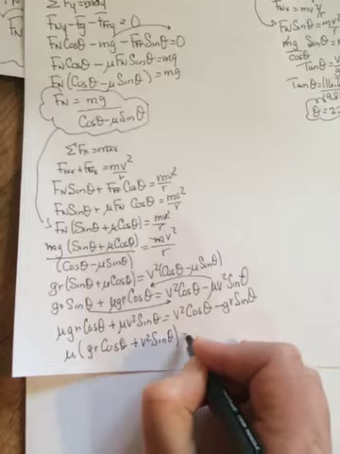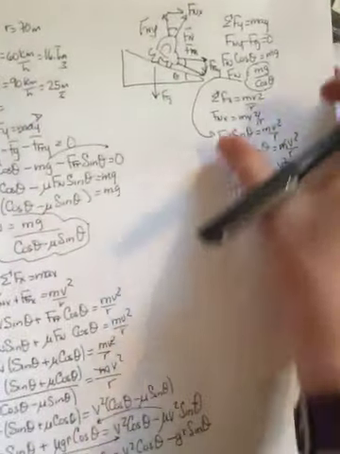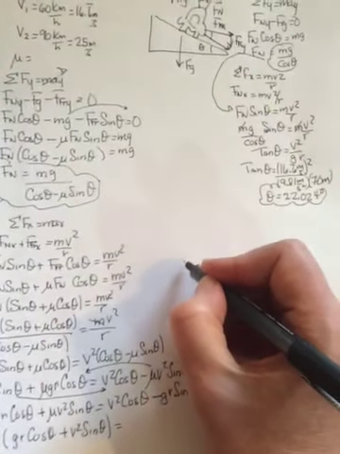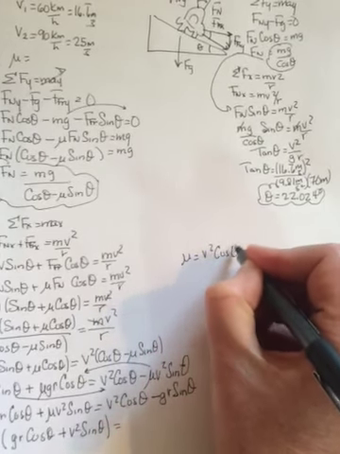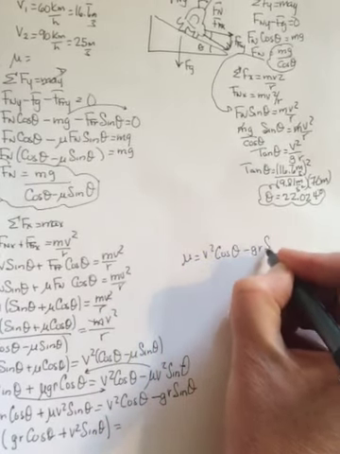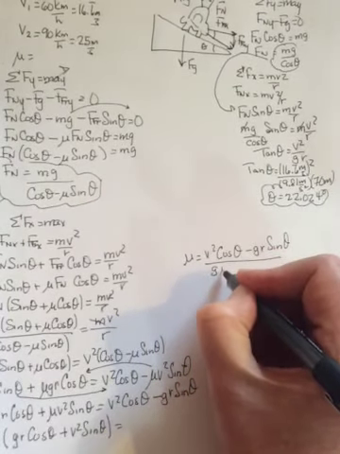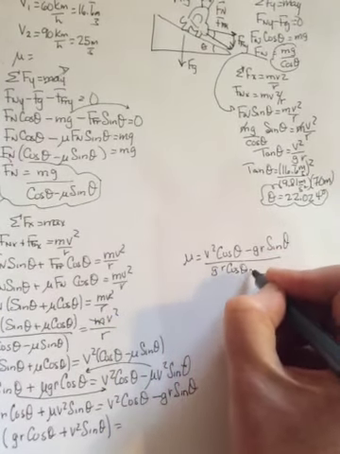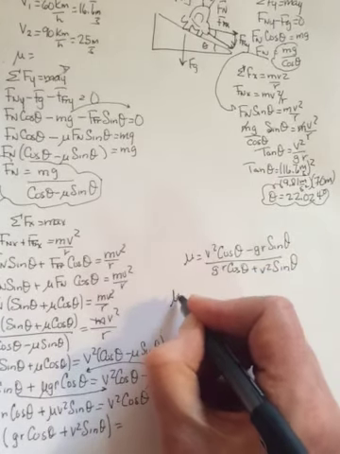And the other side doesn't change. And then divide by this bracket. So it'll be mu equals v squared cos theta minus gr sine theta divided by gr cos theta plus v squared sine theta. And now fill in your numbers.